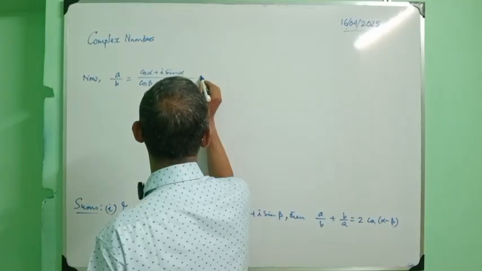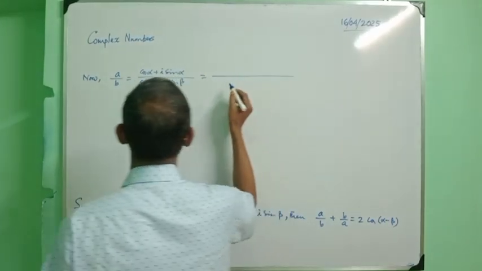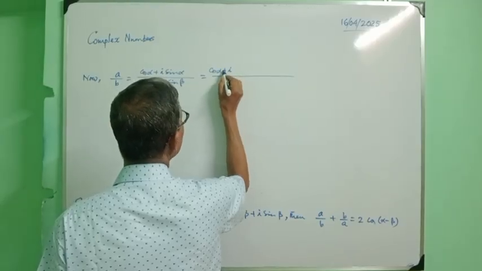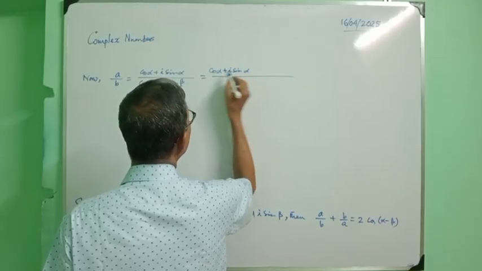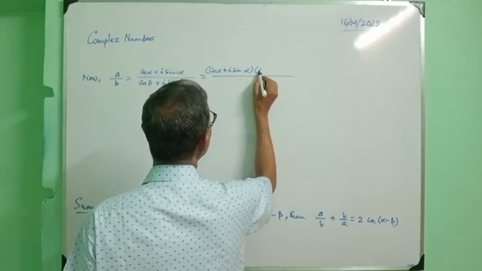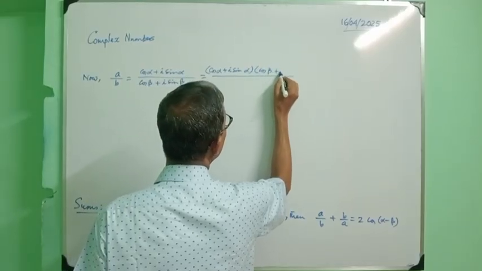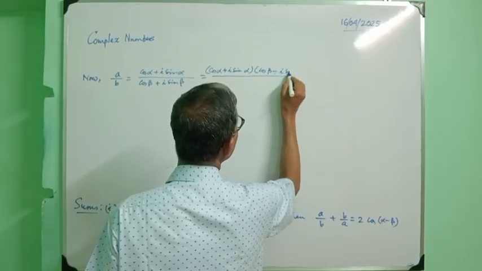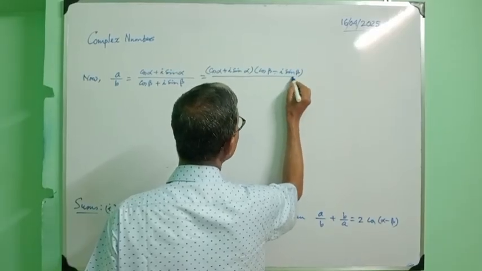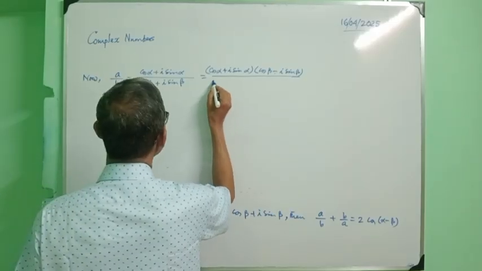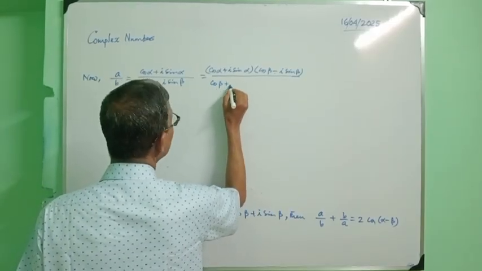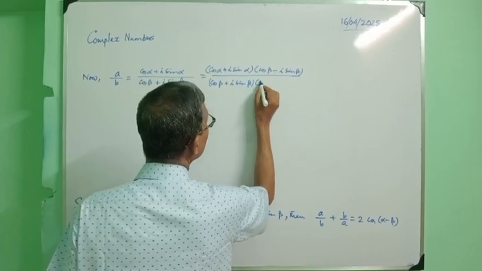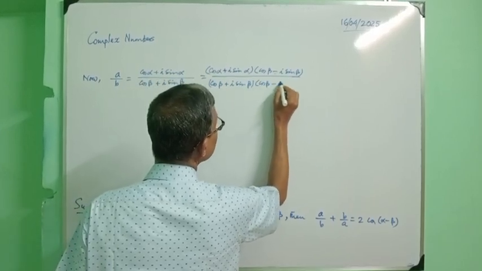That means that will be equal to cos alpha plus I sin alpha into cos beta minus I sin beta, and denominator will be cos beta plus I sin beta into cos beta minus I sin beta.